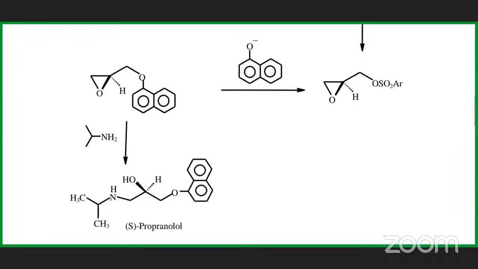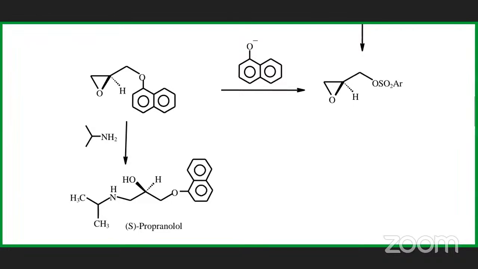And you remember, if you use an acid, the epoxide ring opening takes place from the sterically more crowded position, because the more stable carbocation is formed here. So that is a different case here.